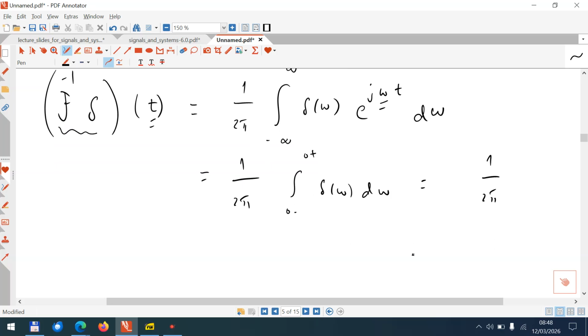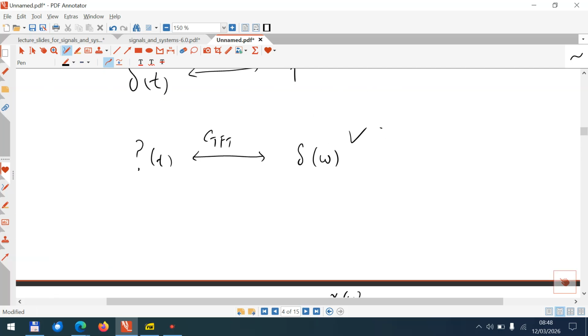Now let's try something else. What we learned is that the inverse transform, now we can go back to that, yeah? This is what we were looking for. So what should I write here now? The delta of omega is the transform of 1 over 2 pi.